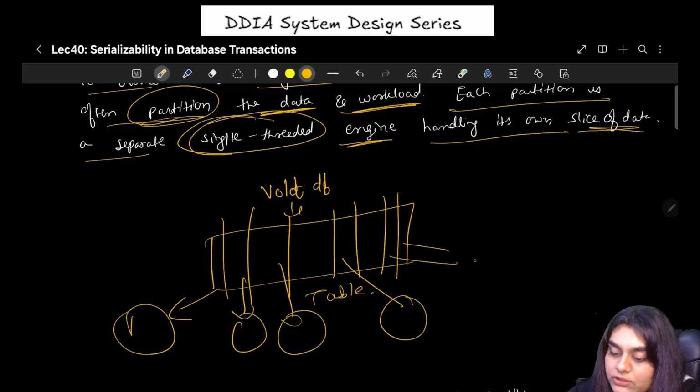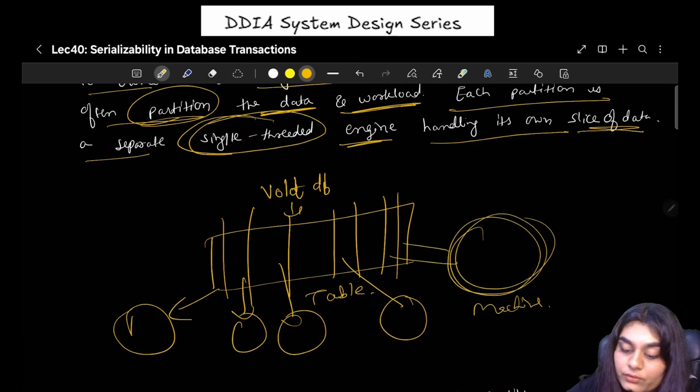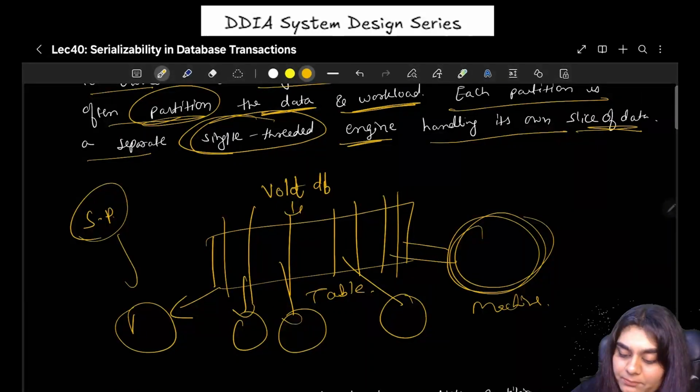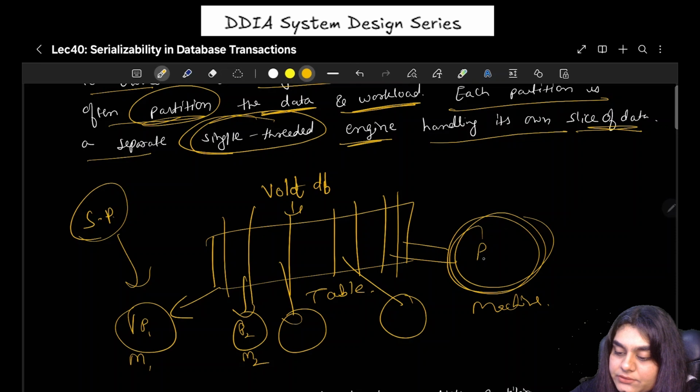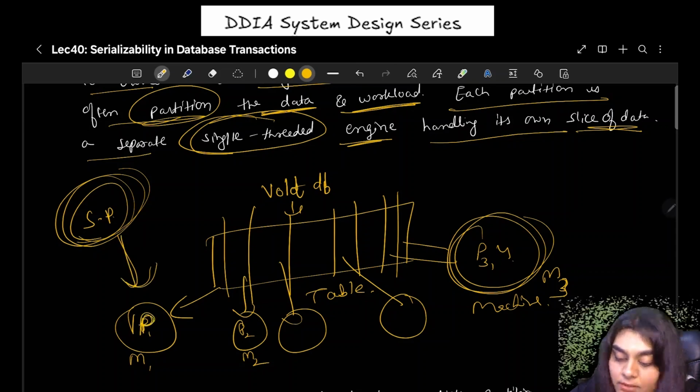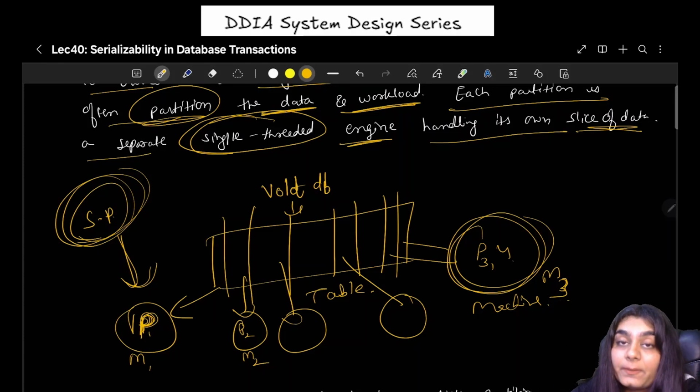Suppose these two are both part of a single machine. Now, if a stored procedure only needs the data from one partition, this is a partition and this is a machine. Suppose this has partition 3 and 4 and machine 3. So, if a stored procedure needs the data from only one partition, that partition thread can process it independently, allowing other partitions to work on different transactions in parallel.